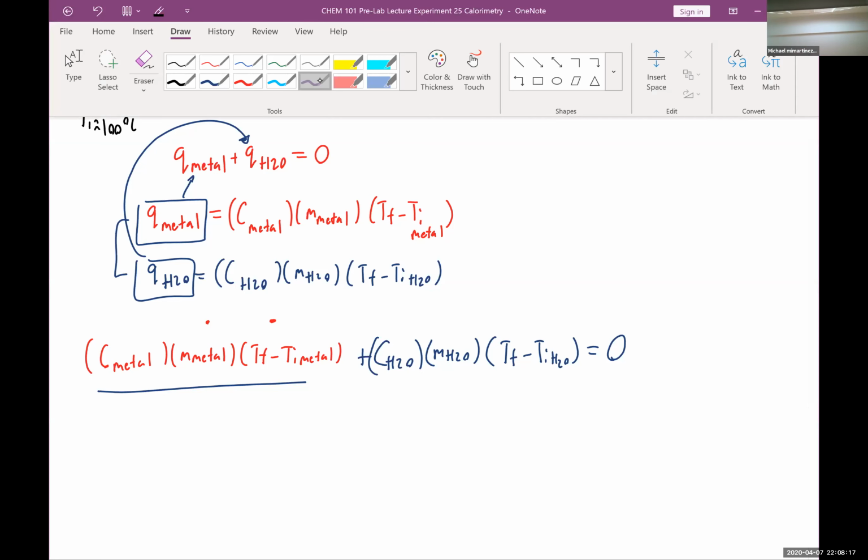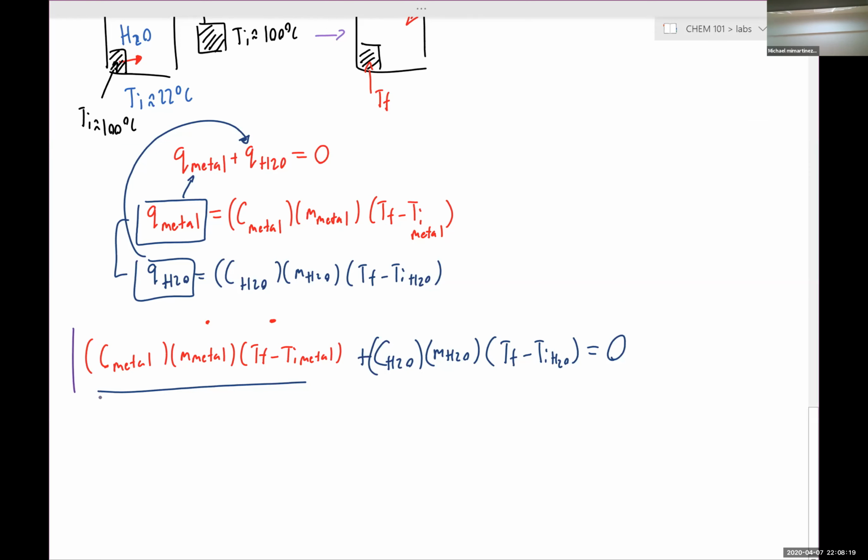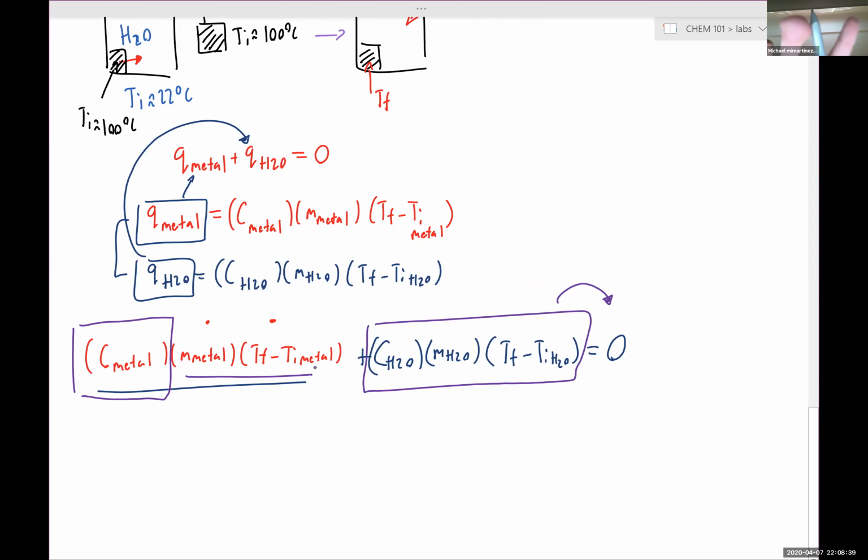Our goal in this first experiment is to solve for the specific heat of our metal. So we're going to do a little bit of algebra here, and we're essentially going to move this entire water term to the right-hand side and then divide by these two terms.